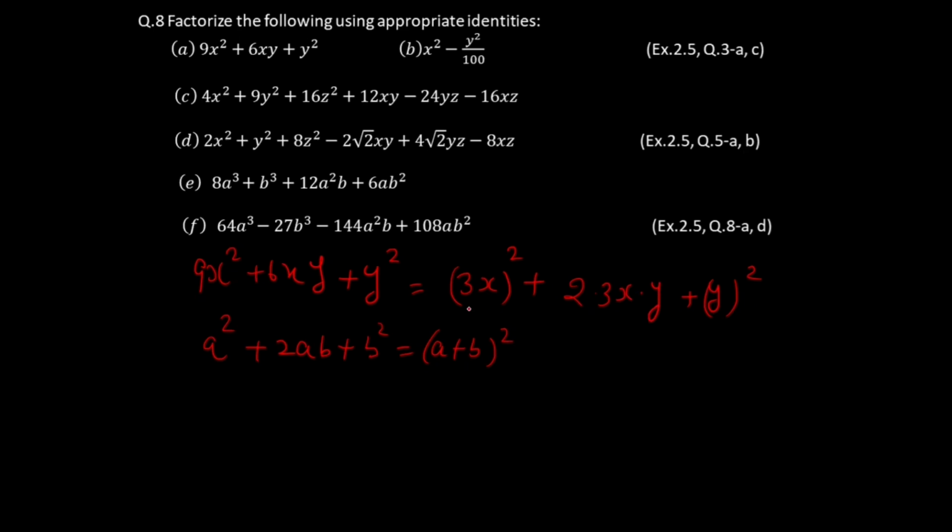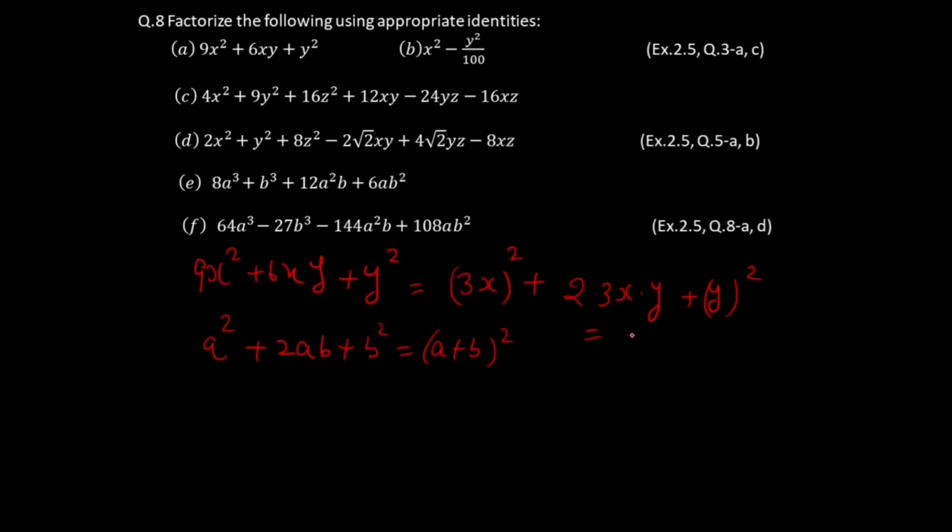Is this 6xy? Yes. So I am writing this whole left hand side equal to right hand side. You can check it. (3x) square is 9x square. 2 times 3x times y is 6xy. And y square is y square.